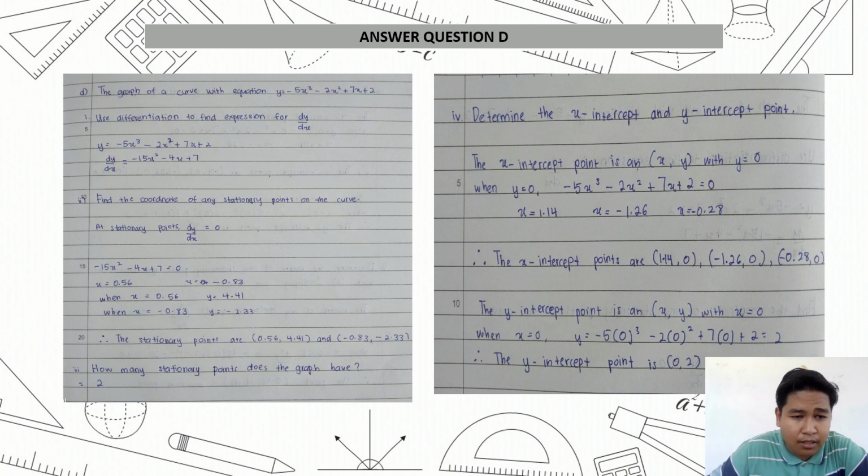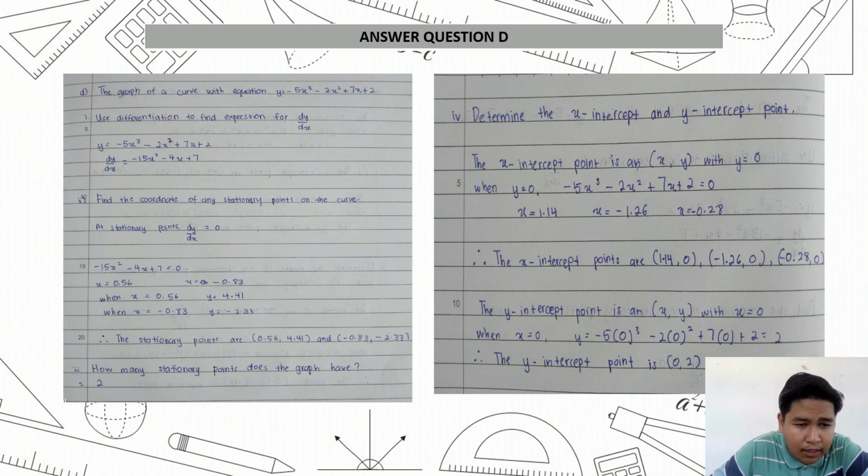So x1 equals 0.56 and x2 is negative 0.83. When x equals 0.56, y equals 4.41. When x equals negative 0.83, y equals negative 2.33.